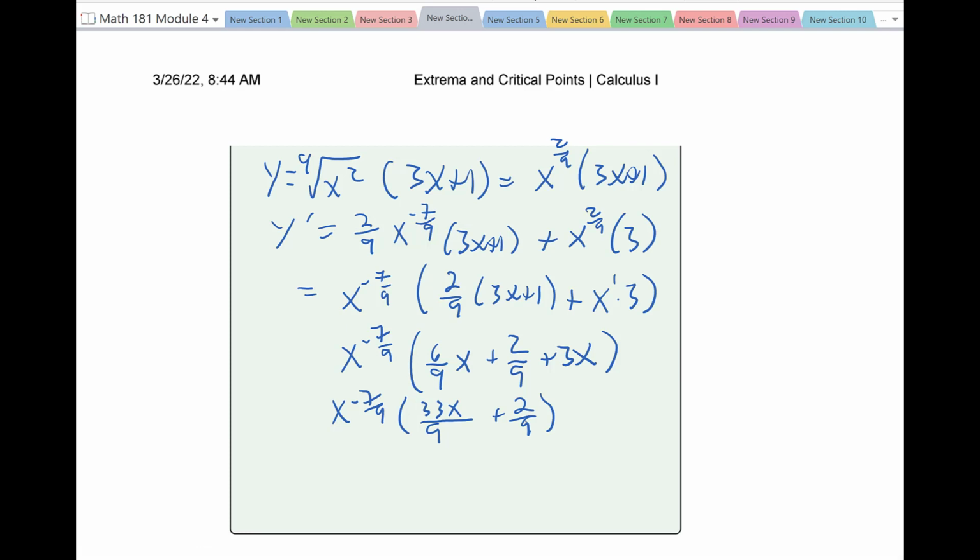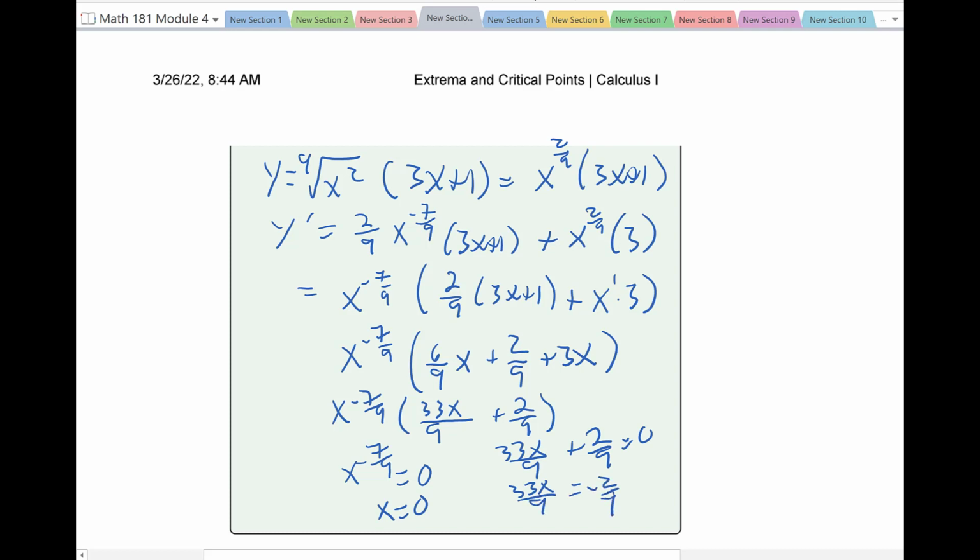Okay. So we have that x to the negative 7/9. If we set that equal to 0, x is 0. And then we have this 33x over 9 plus 2/9 equals 0. That means 33x over 9 equals negative 2/9.